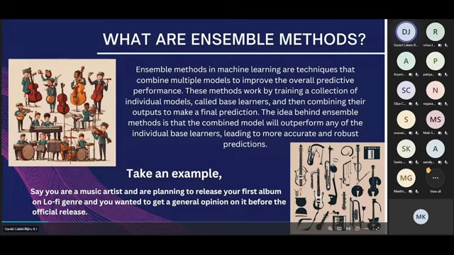So yeah, I'll provide you guys with a real-time example. Let's say you're a music artist and you want to get a general opinion on your music before publishing it online. The best idea would be to gather a set of, say, some 60 to 70 people and get opinions from them. Why is it better than just calling some 5 to 10 people?